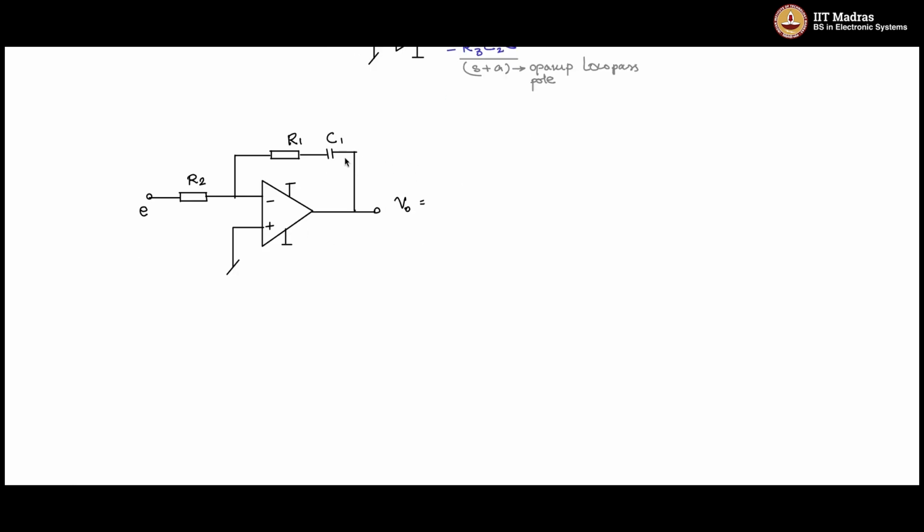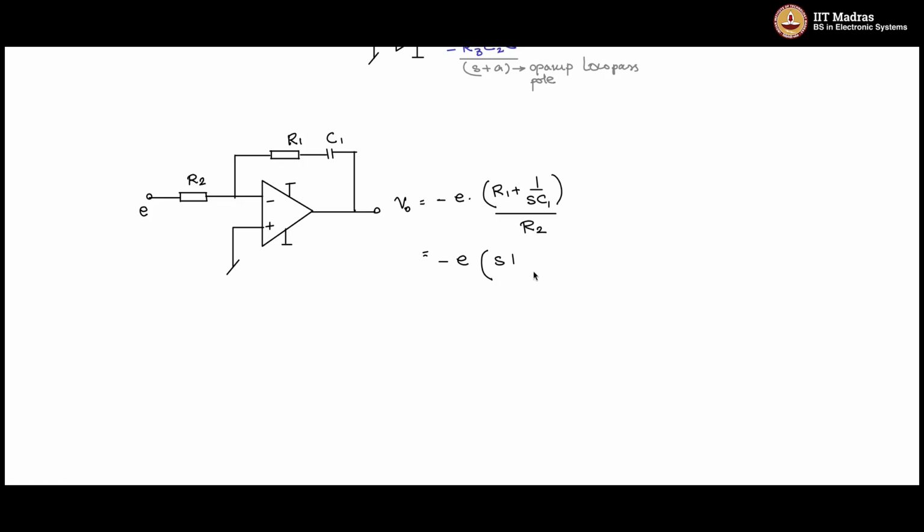So V0 is equal to this impedance divided by this impedance, minus of that. So minus E into this impedance, which is R1 plus 1 by SC1, divided by R2. So this is your V0.